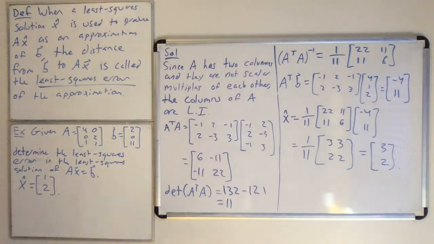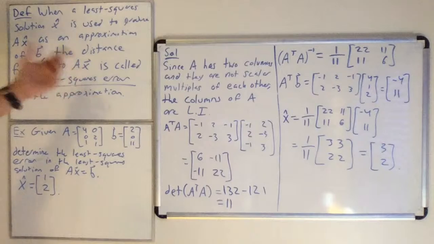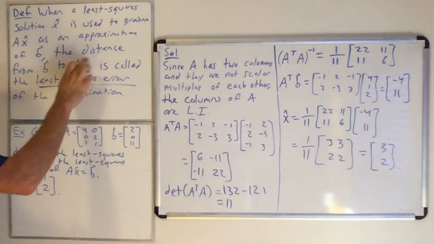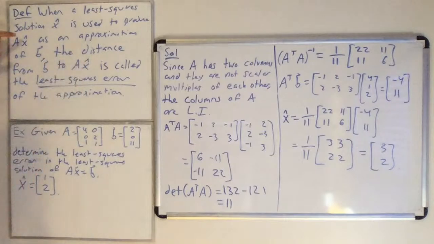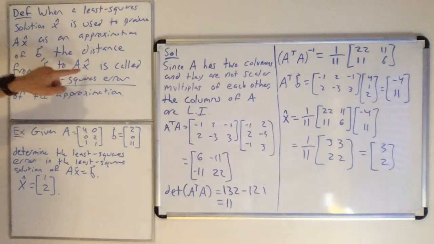Yeah, exactly. So we should find A times x hat, and then take the difference, and then find the magnitude. Right, because the length of B minus A x hat is the same thing as the distance from B to A x hat. Oh, sorry, this is a typo I had. This should be AX with the hat. So we're going to use our solution here.